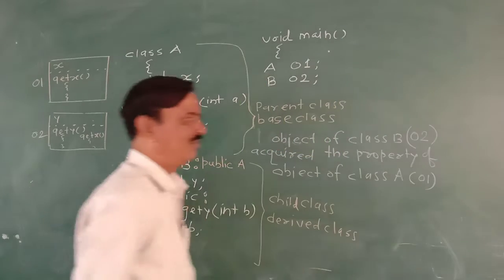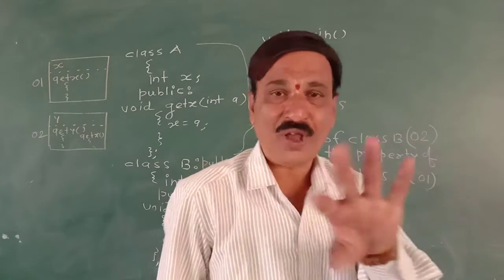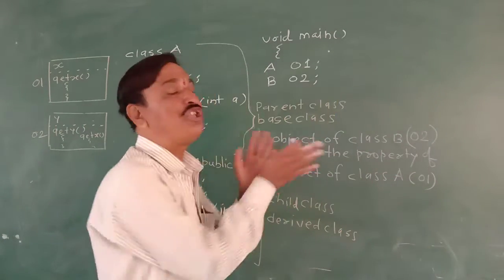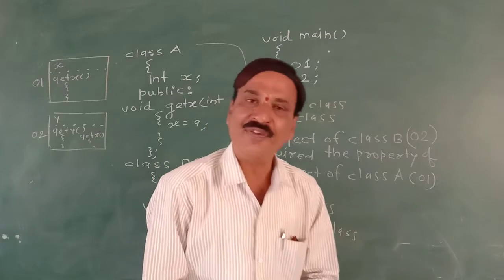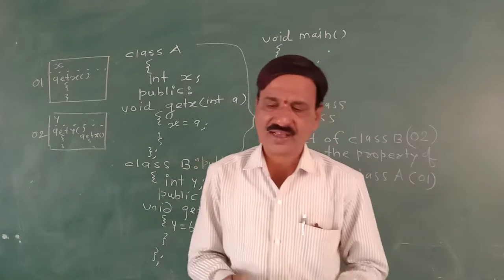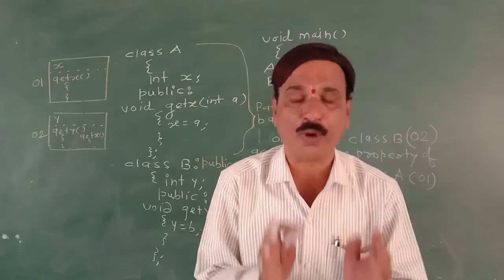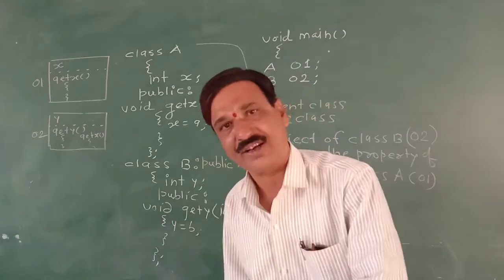O1. In our example, the definition we have seen, the same we are experiencing here. What is the definition we have seen? Inheritance stands for an object of one class acquiring the properties of an object of another class.